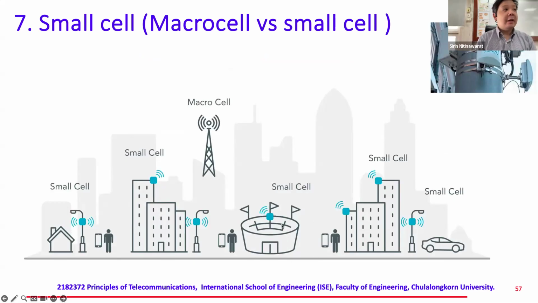Some applications like a sports stadium, okay, or a large office building, right? Then with a lot of usage of data rates, you can deploy smaller cells to support these high data rates.